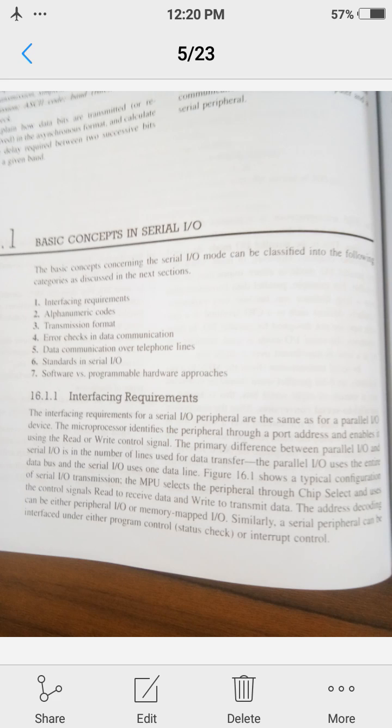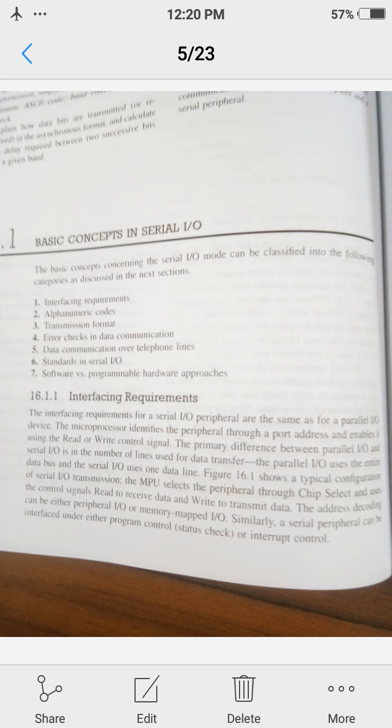Now in some situations, some serial devices are interfaced with the microprocessor, and in this the parallel IO mode with the device cannot be possible. So for such devices, for example, if we interface a CRT terminal, or a modem, or a telephone line is connected, in these situations the serial IO mode is used.